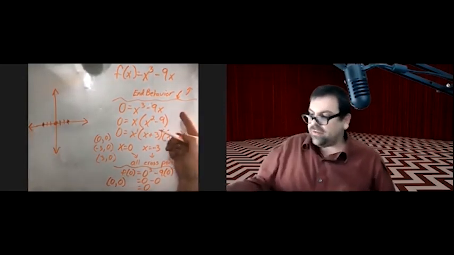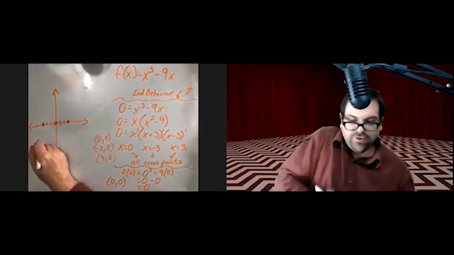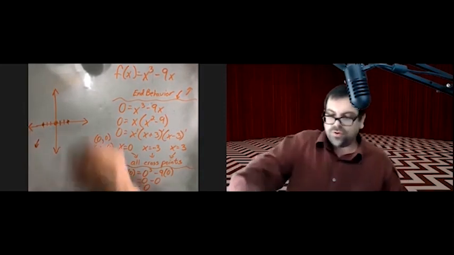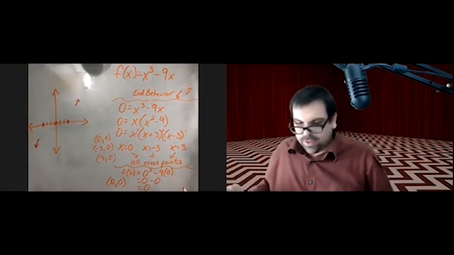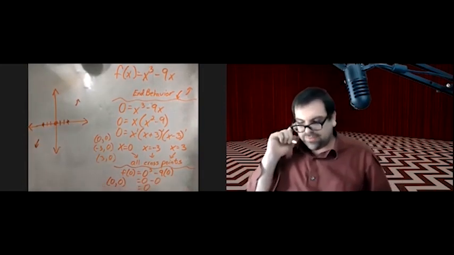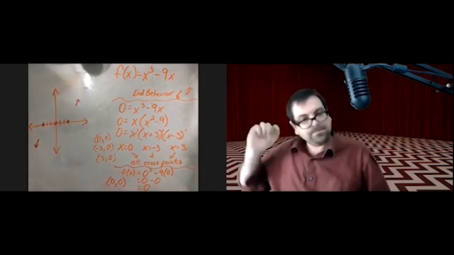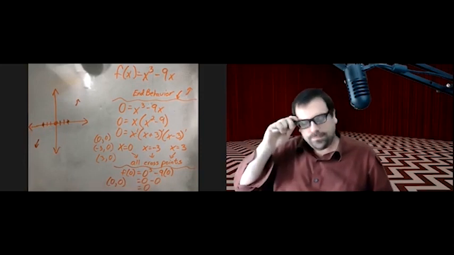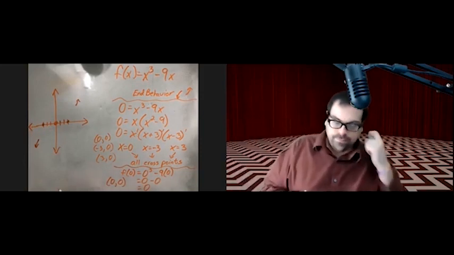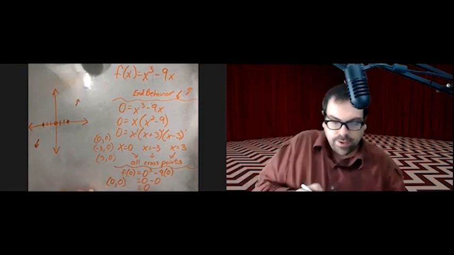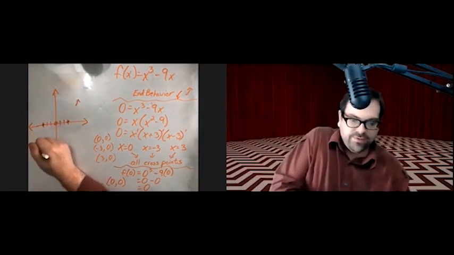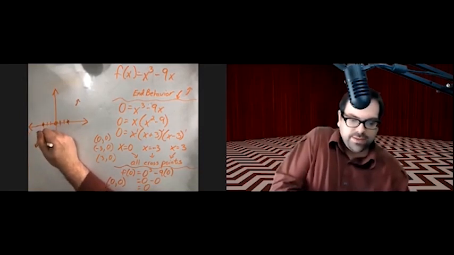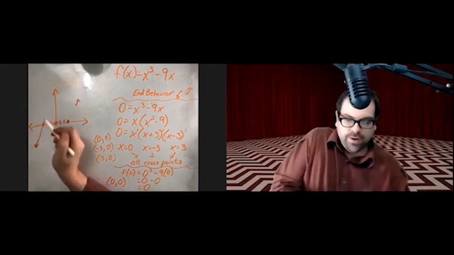The end behavior, to the left, it has to fall. To the right, it has to rise. And all 3 of these have to be cross points. So if it's falling all the way off to the left, that means it's got to come up through that one.